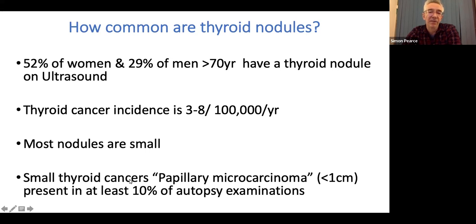And then small thyroid cancers: if you look at 100 post-mortems, or autopsies as they're known in America, small thyroid cancers, so-called papillary microcarcinoma, meaning they're less than 1 centimetre, are present in about 10% of people who have died of other causes. They haven't died of this cancer, they've died of a stroke or a car crash or something. But if you look at unselected postmortems, this is quite a common finding, that people have small cancers which never did them any harm in their lifetime. And even if they'd lived to 100, they probably wouldn't have done them any harm.